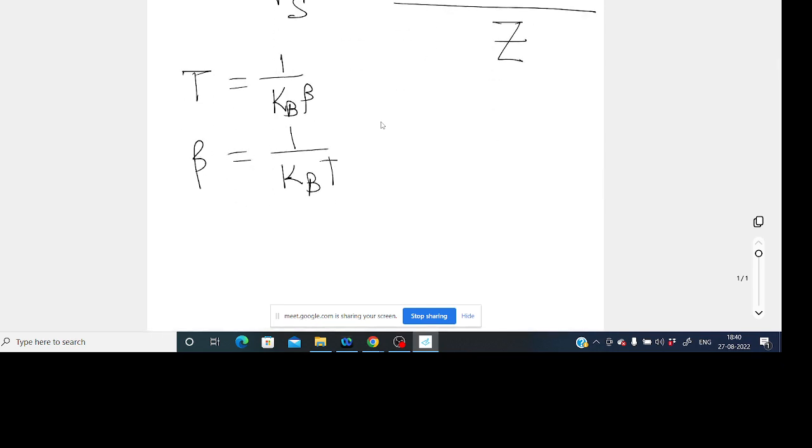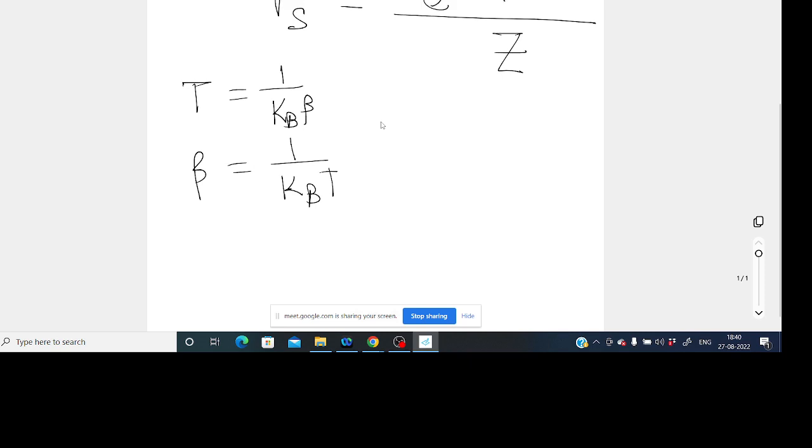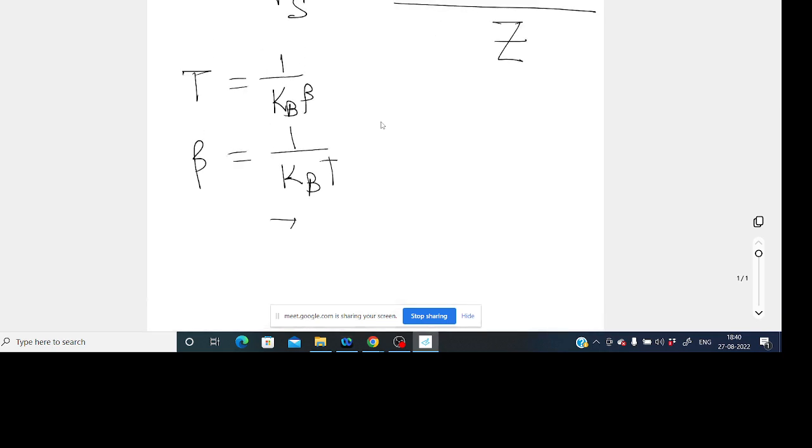From this, I will show that F equal to minus kB T log Z. And what is this F? F is the Helmholtz free energy. And this Z is called the canonical partition function, which is equal to sum over s e to the power minus beta Es.